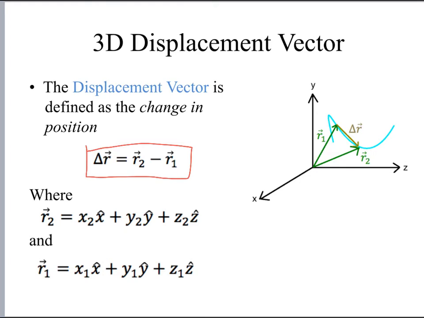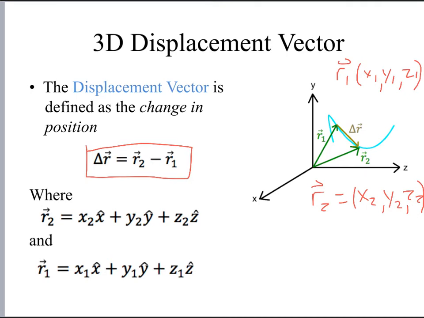Now, what is R2? What is R1? R1 is going to be a vector that has some value x1, y1, z1, and those would be the x, y, and z coordinates of that vector. Similarly, R2 would be some x2, y2, z2, and that would be the coordinates of the vector R2.